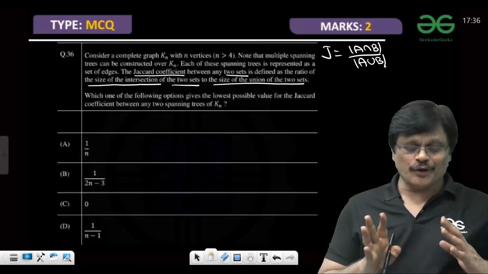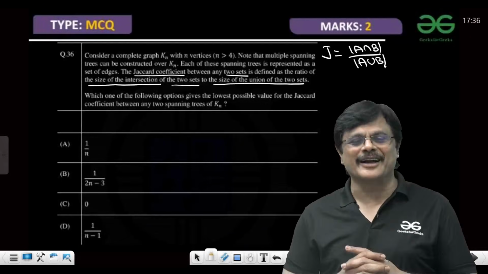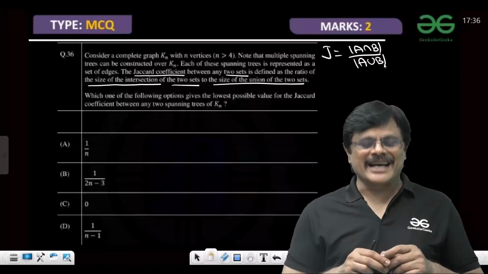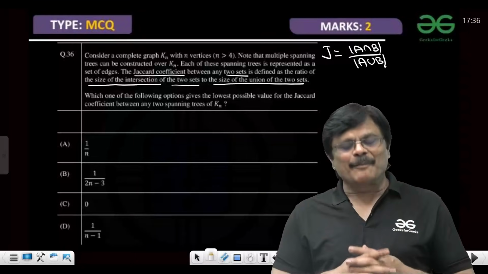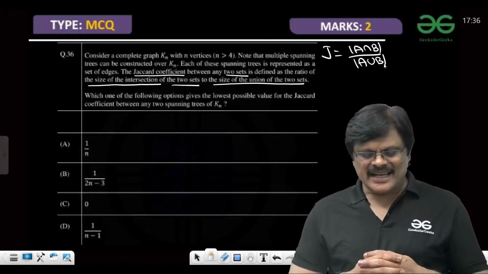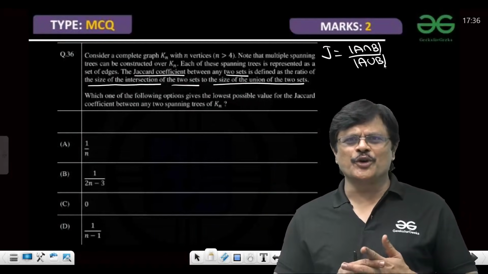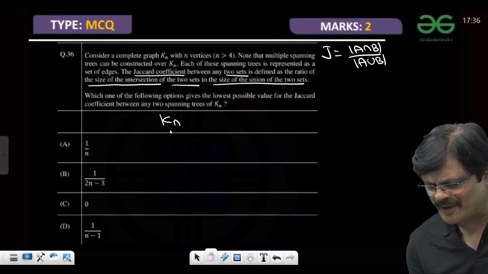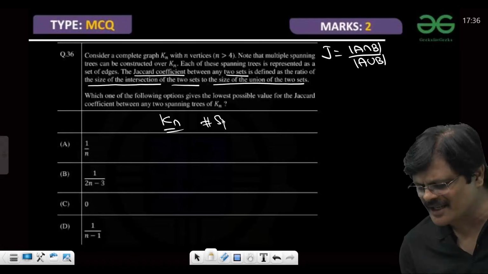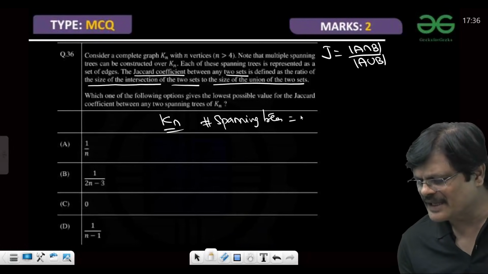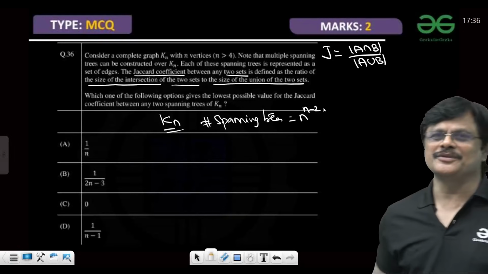Of course here that is a very different story, but what is being asked: you are having a complete graph Kn on n vertices and note multiple spanning trees. You know, right, in Kn the number of spanning trees possible is n power n minus 2.